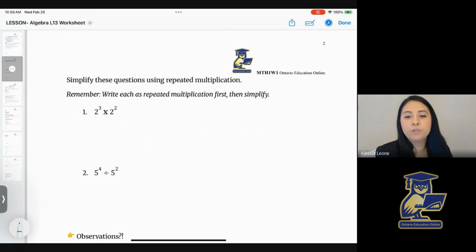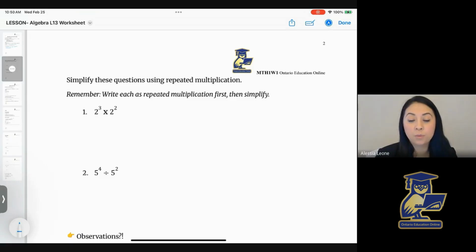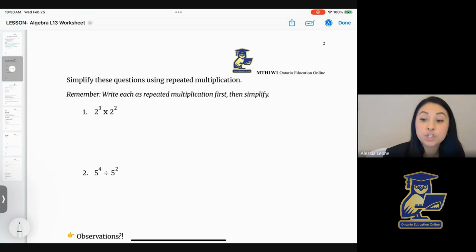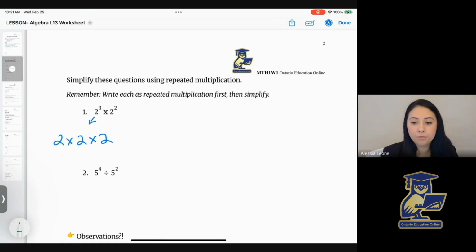So on that note of repeated multiplication, we're just going to simplify these questions using repeated multiplication. 2 to the power of 3 times 2 to the power of 2. Let's show that. So 2 to the power of 3: 2 times 2 times 2. I need 3 2s. 1, 2, 3. Okay?